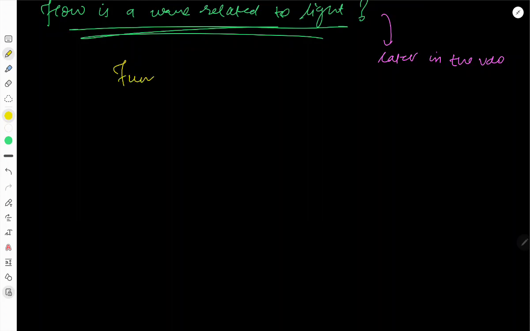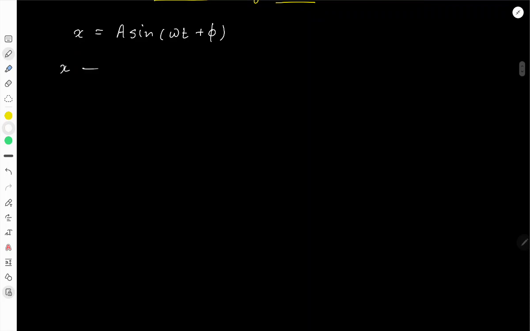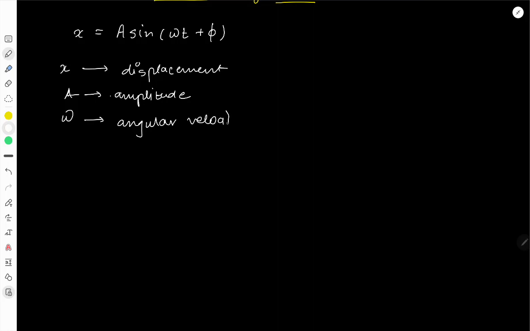Fundamentals of wave. The equation of a wave is written in the standard format of displacement: x equals A sine(omega t plus phi), where x is the displacement, A is the amplitude, omega is the angular velocity, and phi is the phase difference.